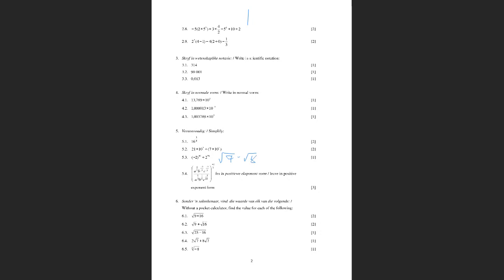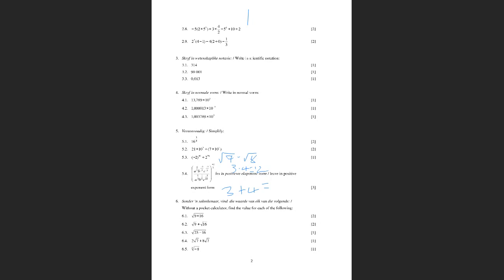Then we are going to have 3 times 4. Then we have 12. Then the next one, number 2, square root of 9 is 3. Square root of 16 is 4. Then our answer is going to be 7.